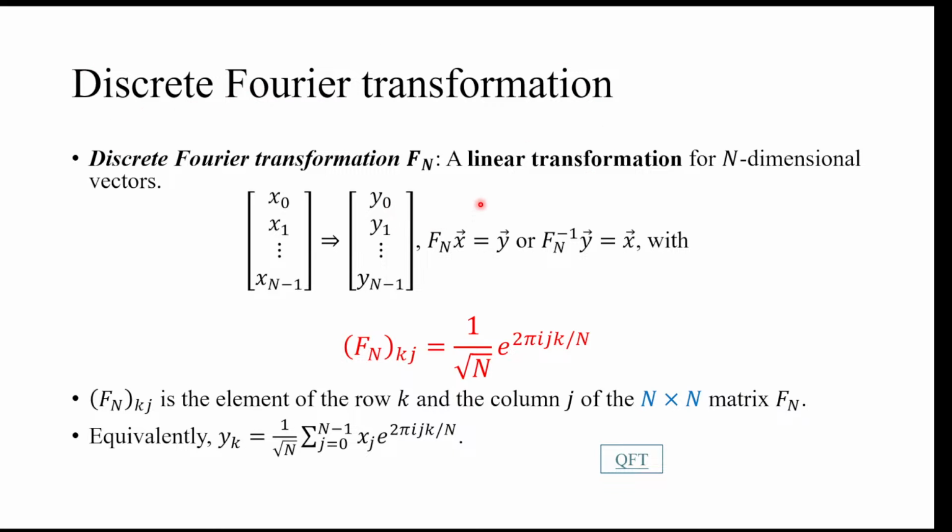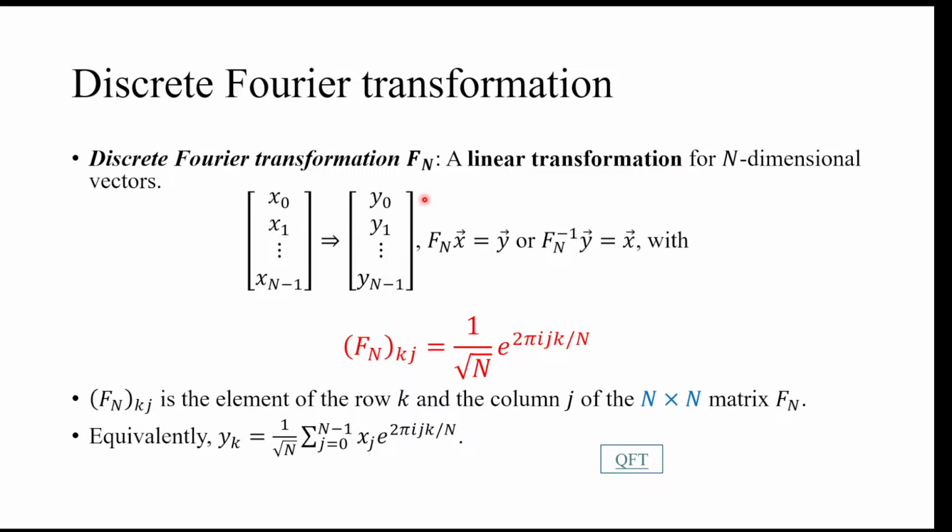So we just transform a discrete set of numbers to another discrete set of numbers. We can think of this discrete Fourier transform as transforming a vector of n dimensions to another vector of n dimensions. So we start with x and go to some y. It's a linear transformation, so you can just write it as a matrix.